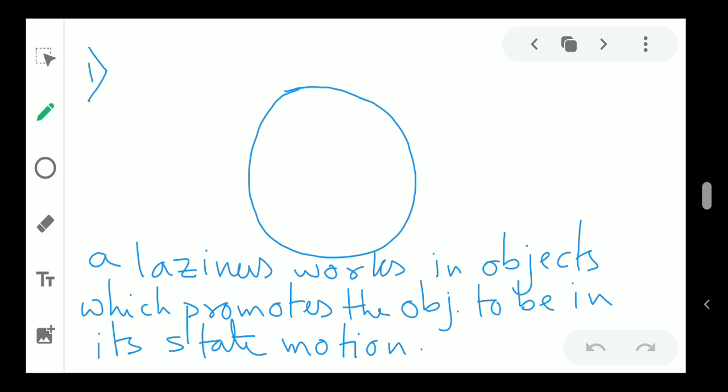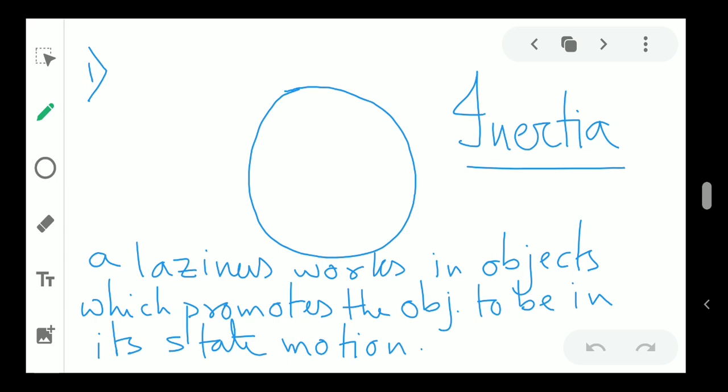So every object has this kind of property, and this property, or one kind of laziness, is called inertia. So inertia is a property by which every object wants to stay in its own state.